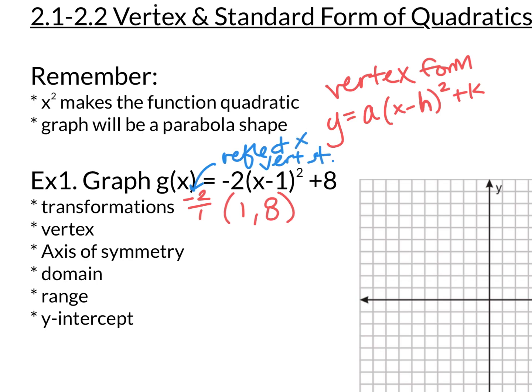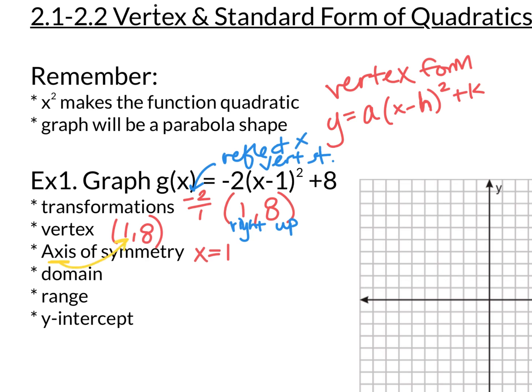The 1 is going to move me right, and the 8 is going to move me up. So we've actually already named the vertex here. The vertex here is 1, 8. The axis of symmetry here is x equals 1. Remember that the axis of symmetry comes from the x part of the vertex.